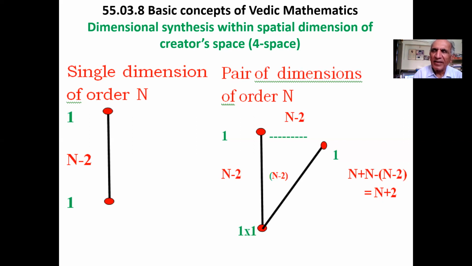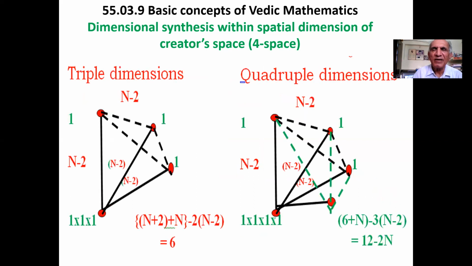And that is why the synthesis phenomenon will have smooth sequential progression when in continuity we will be taking up triple dimension and quadruple dimensions. And it is this synthesis, dimensional synthesis within spatial dimension of the creator's space, which deserves to be comprehended.